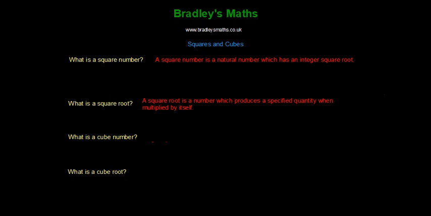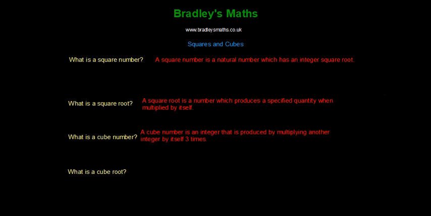What is a cube number then? Well, a cube number, again, is an integer. Remember, a square number is a natural number, but a cube number is an integer that is produced by multiplying another integer by itself 3 times.